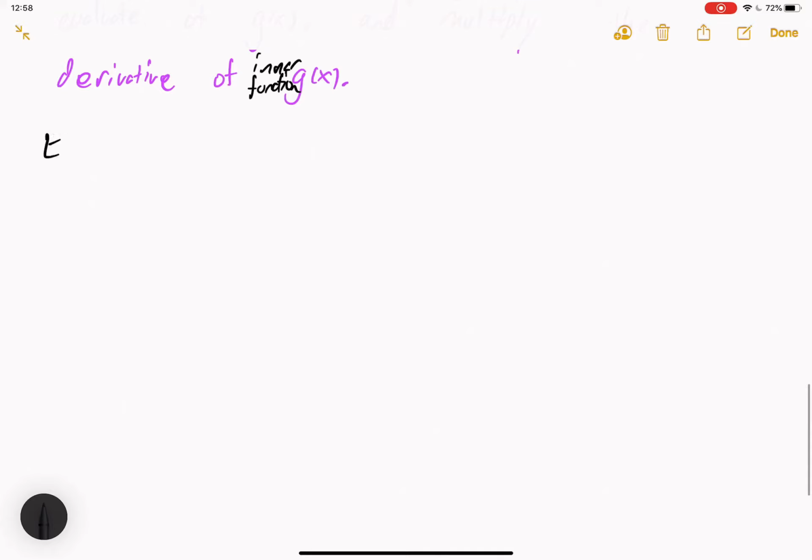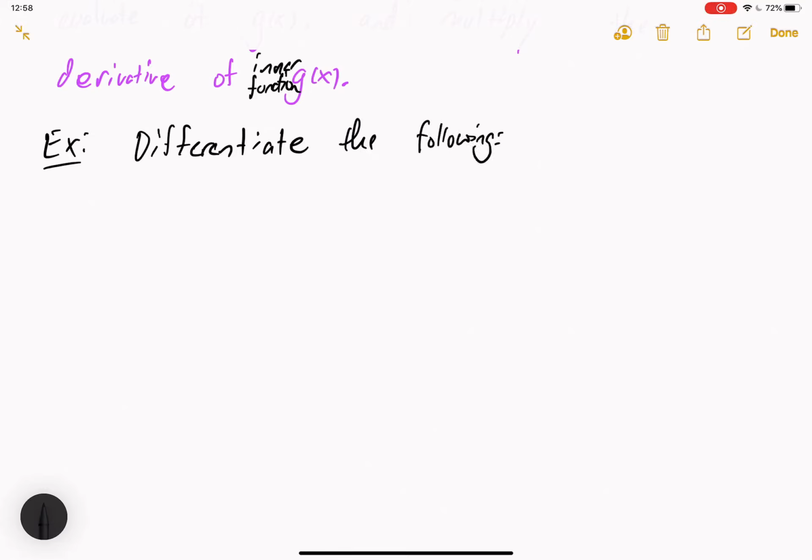So let's do a few more complicated examples. And we'll use the mindset of inner and outside functions. So the first one will be y is equal to cosine of x squared plus 2x.